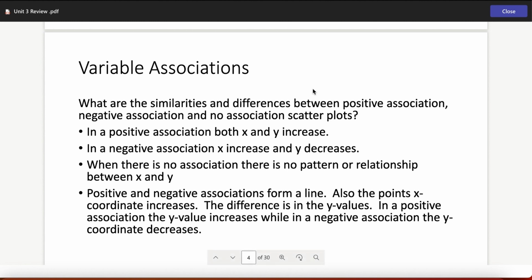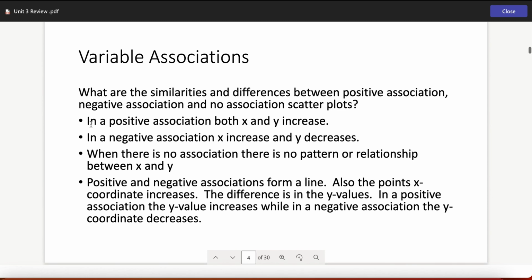So first we're going to start off with variable associations. What are the similarities and differences between positive association, negative association, and no association scatter plots? In a positive association, both x and y increase. They both increase; it goes in the positive direction.